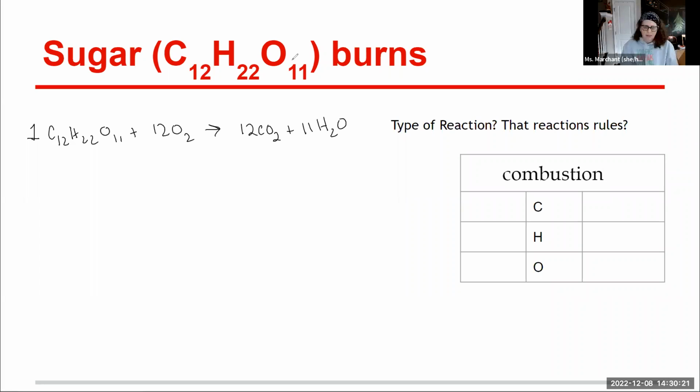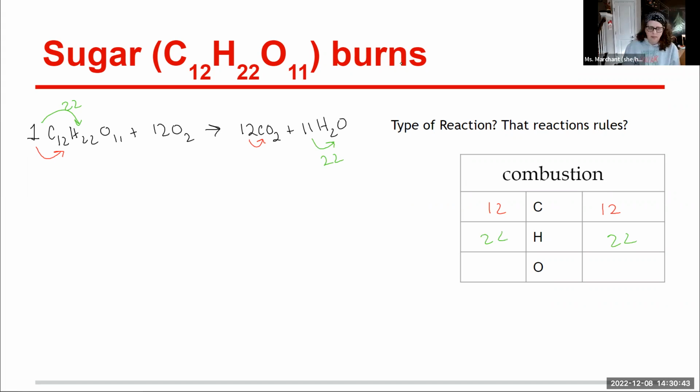All right. Double check time. 1 times 12, 12. 12 times 1, 12. Hydrogens, 1 times 22, 22. 11 times 2, 22.